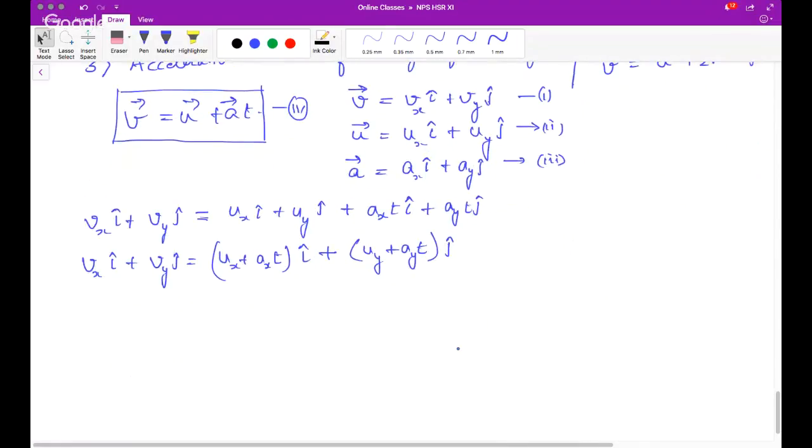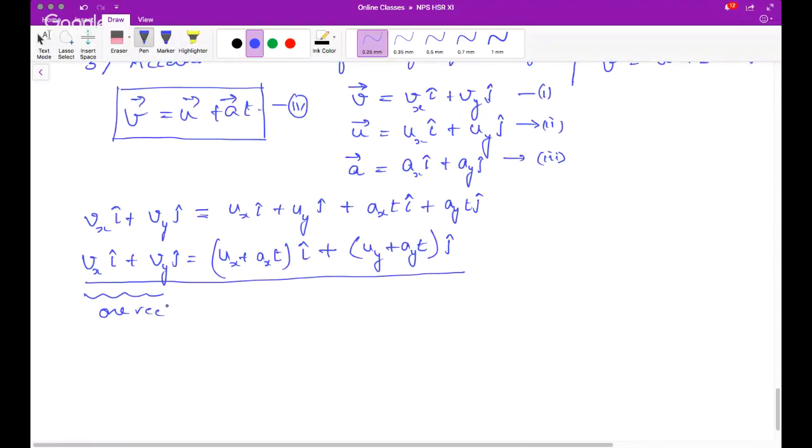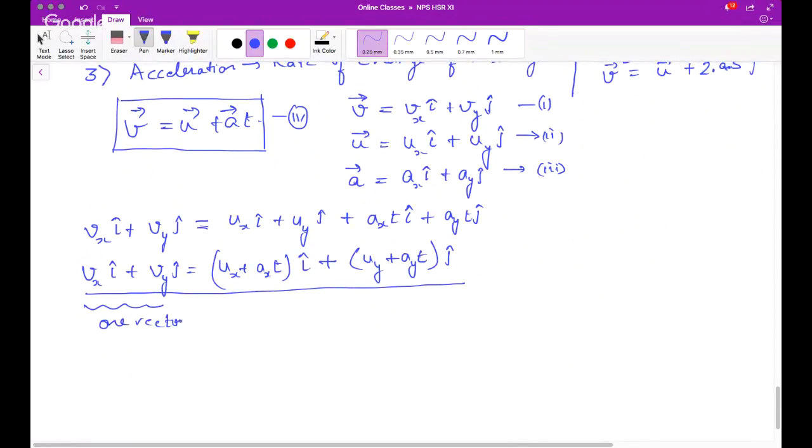Now look at this equation very carefully. On the left hand side there's one vector, and on the right hand side also there is another vector.